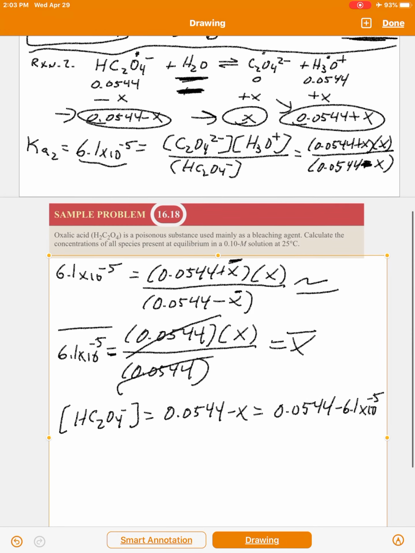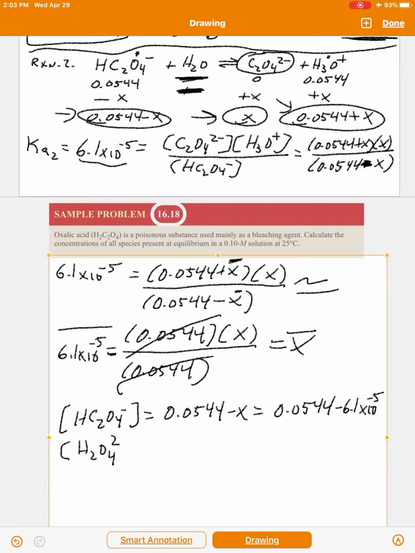Now, the second one in this equation is right here. Concentration of C2O4 2 minus. That's a C, sorry. That's X. So that's 6.1 times 10 to the minus 5. Concentration of H3O plus.